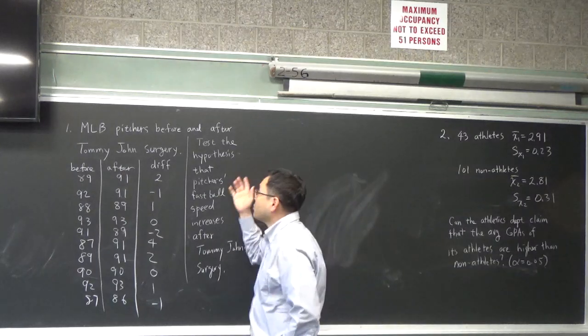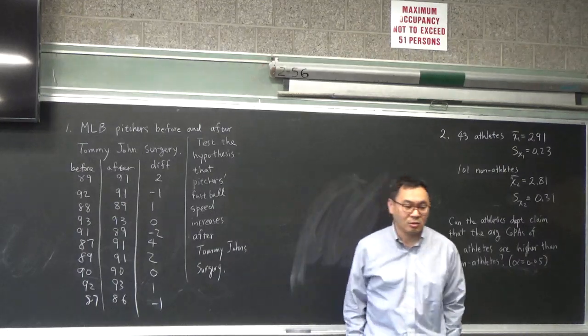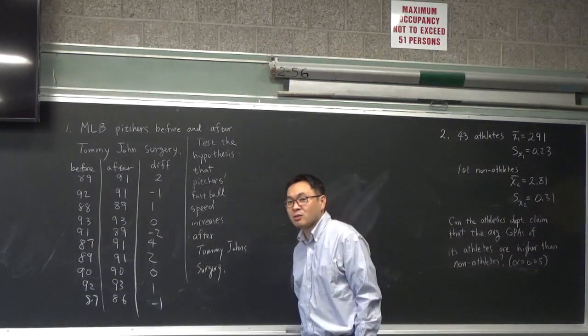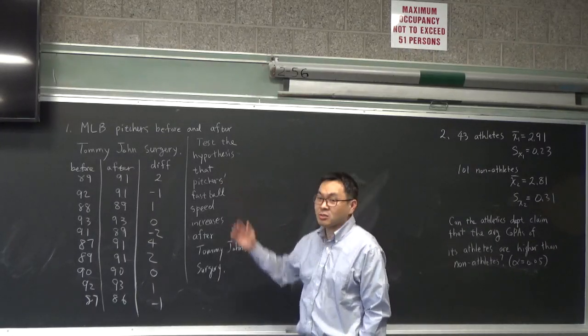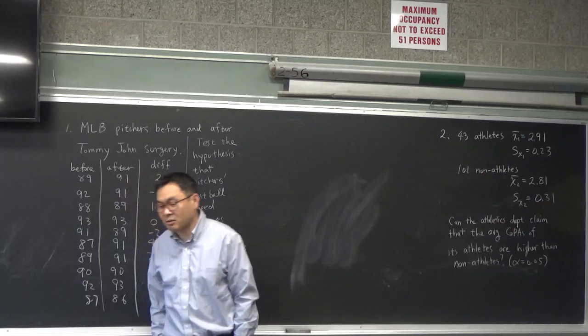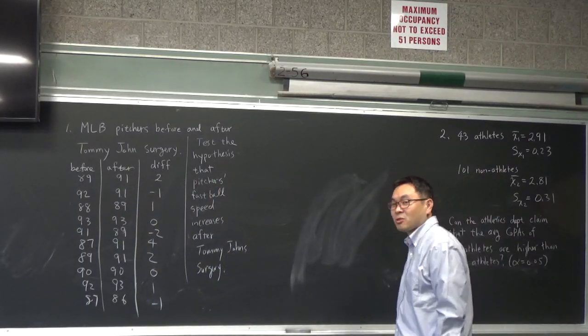For MLB pitchers, there is something called Tommy John surgery. If you have a torn or fatigued UCL, you have to get this surgery, and it is said that people who go through Tommy John surgery actually pitch faster after the surgery.